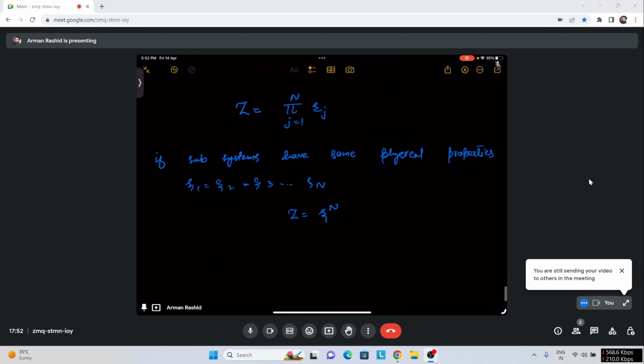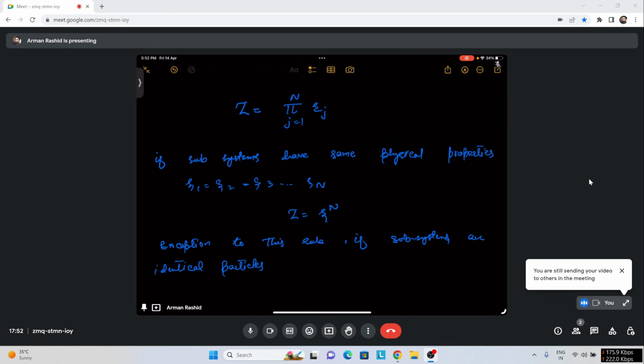But there is an exception to this rule. The exception is if the subsystems are identical. The earlier case is where the subsystems are not identical but they have the same partition functions.